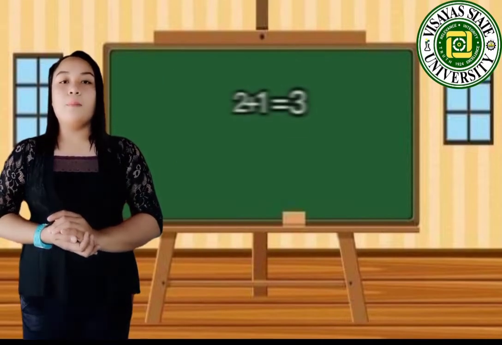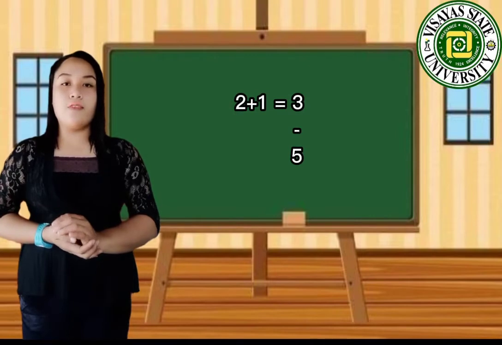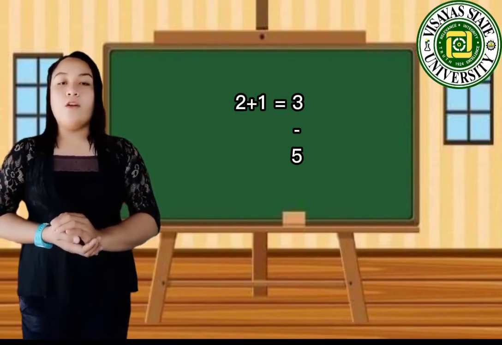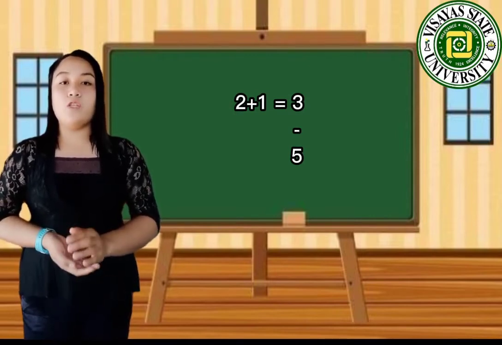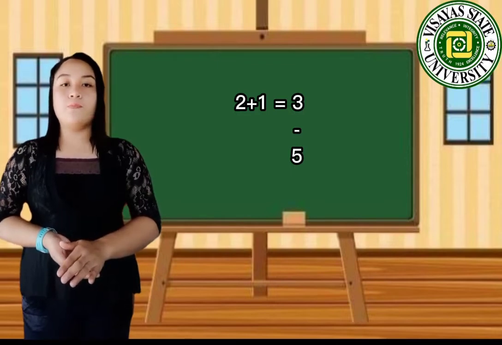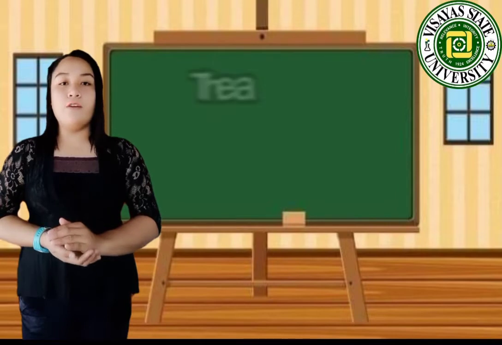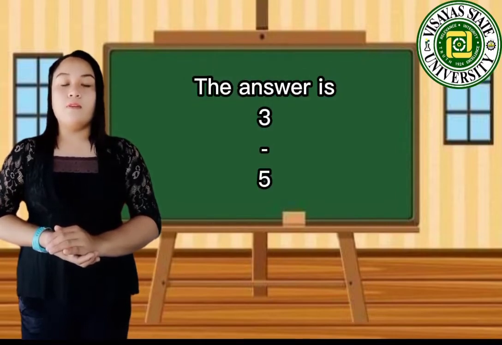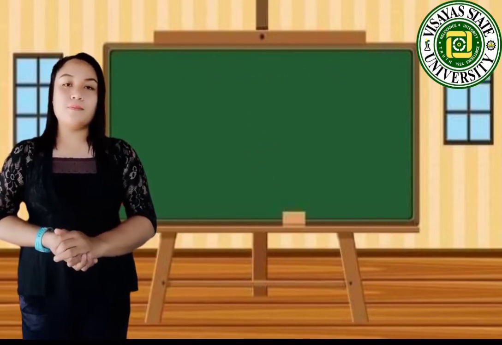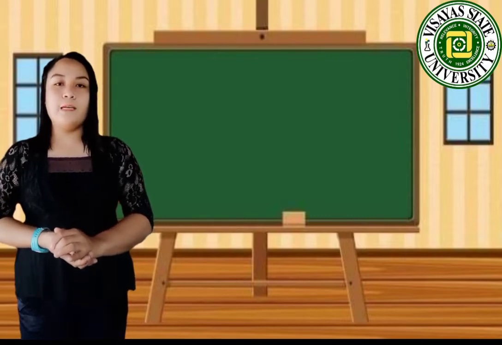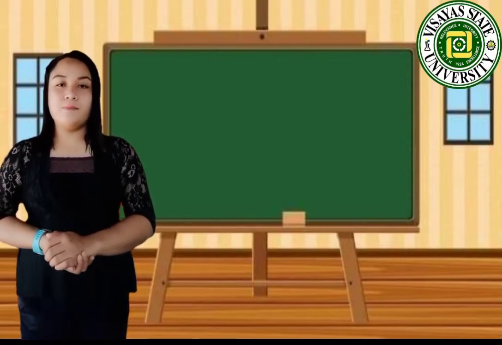So, we add 2 plus 1 equals 3, and then write it over the same denominator, which is 5. So, we get 3/5. Did you get it? Okay, very good. Let us proceed.